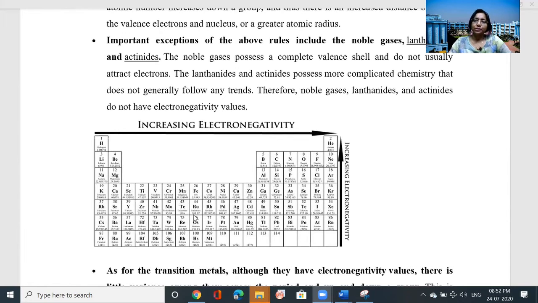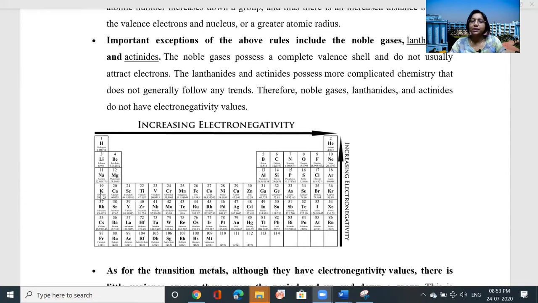So if you get an MCQ question like this, I will give a quiz now. There you may get a question such as which has the highest electronegativity, or arrange the electronegativity for the following elements. Say hydrogen, lithium, sodium, potassium are given. Can you arrange them?